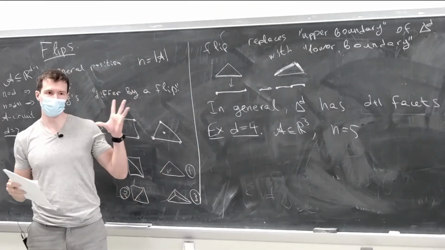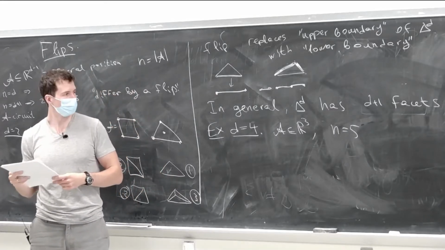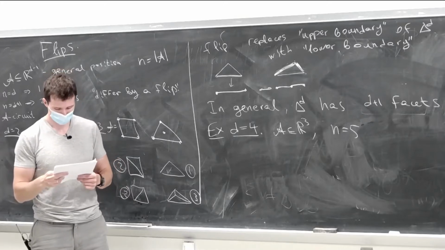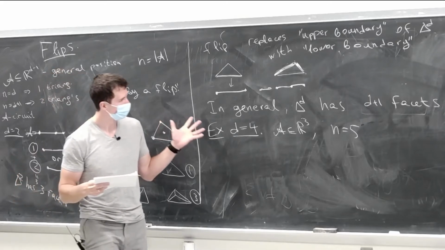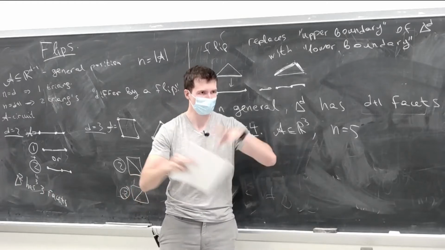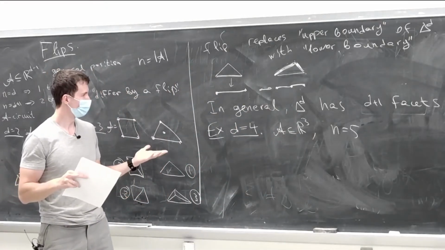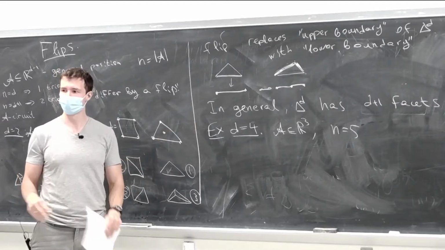All right, so I have 5 points in R3. And I just want to draw some pictures of how they can look. And again, remember they are in general position, so they affinely span the whole R3. And yeah, so how can they look?